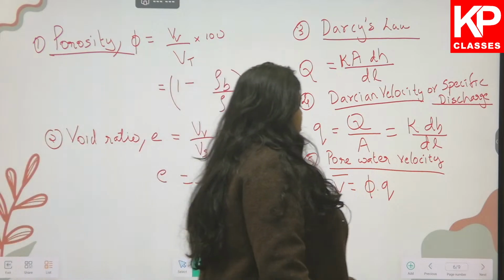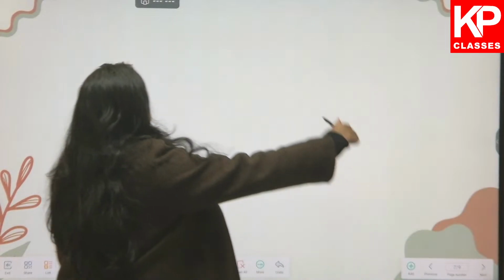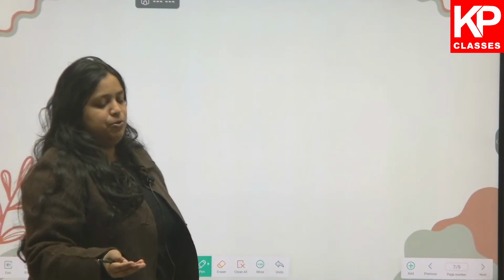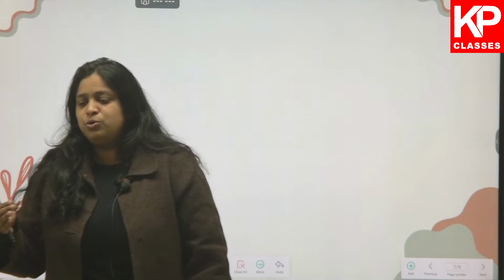Now the next equation is defining the energy of groundwater flow. Heat flow only takes place when there is a variation in the temperature between two ends, or a current flow happens because of the variation in the voltage.